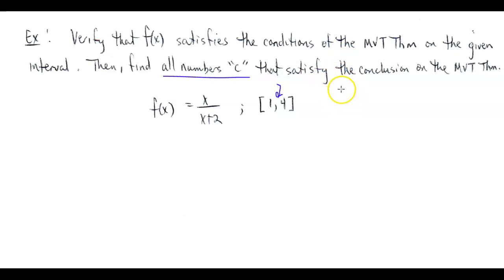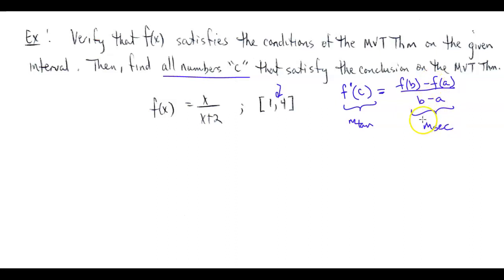So the conclusion of the mean value theorem says that we will be able to find a derivative of some function at some value C, which we know means the slope of the tangent line at some value x equals C of our function. And that will be equal to the slope of the secant line of our function going from x equals a to x equals b.